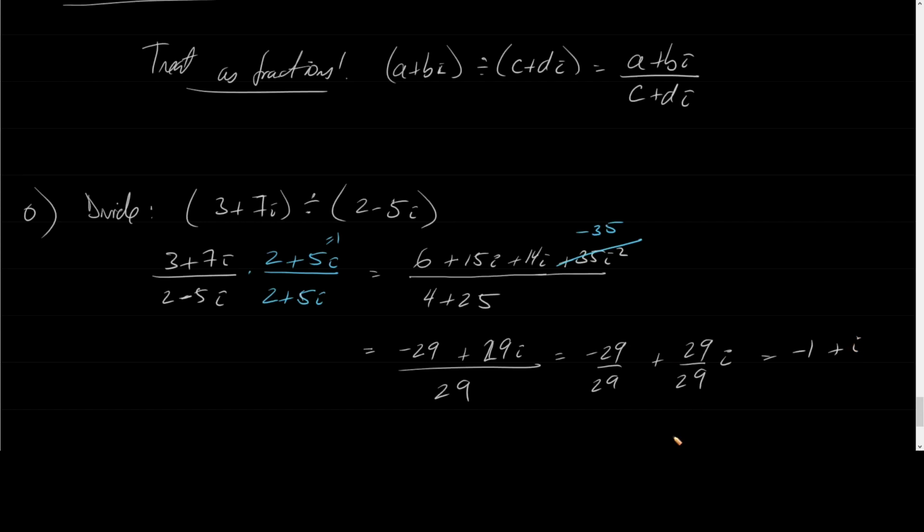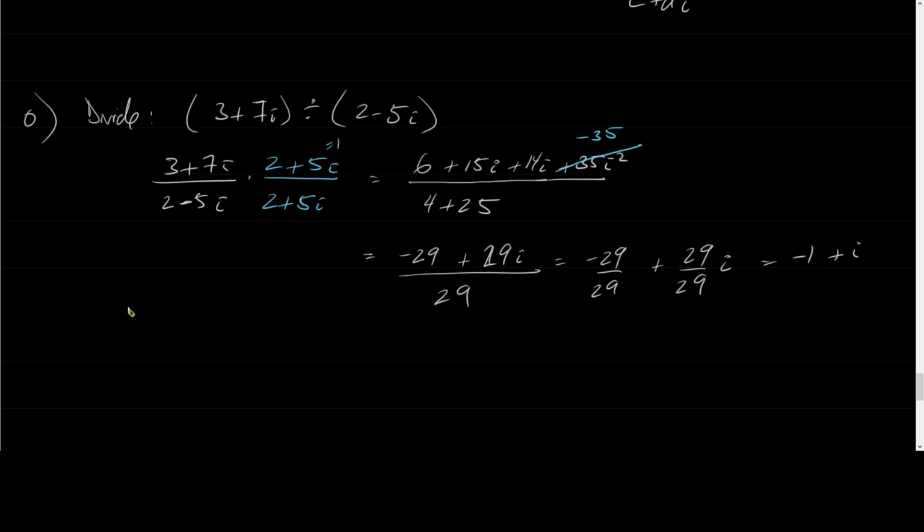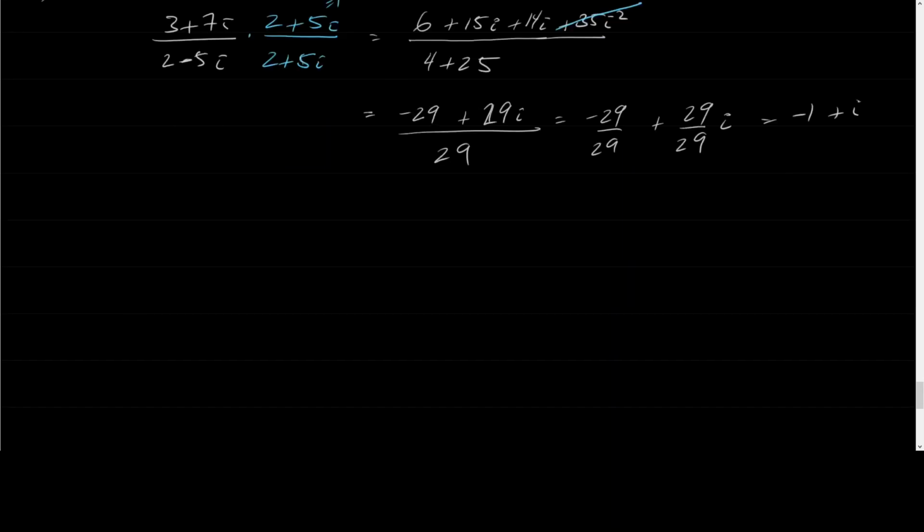All right, so next one. Example P. So let's say we have 6 minus 2i over negative 3 plus 7i, and then we're going to have that plus 5 minus 3i over, let's say, 7 minus 3i.